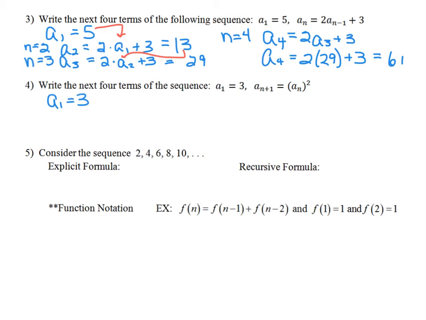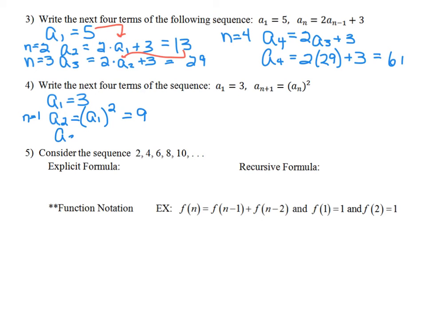So in this case, if I want to find A2, then really my subscript right here has to be 2. So that tells me that in this situation, n is equal to 1. So I'm going to take my first term, my previous term, and I'm going to square it. So 3 squared, of course, gives me 9.